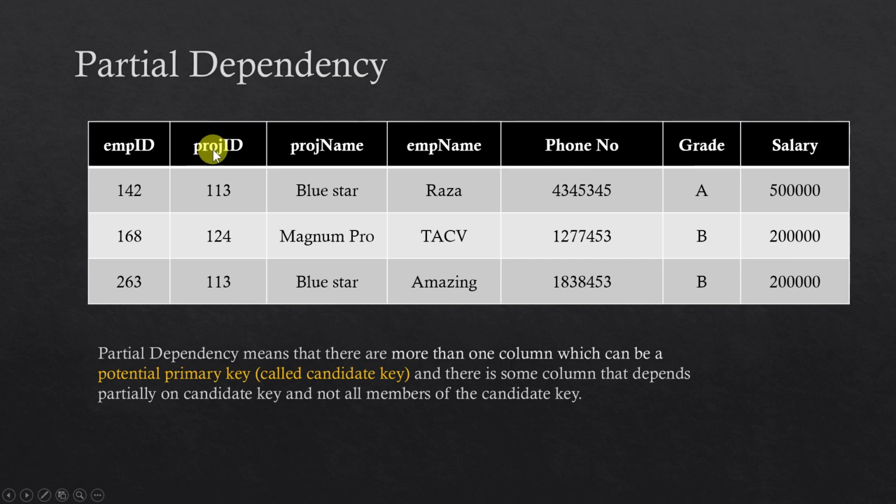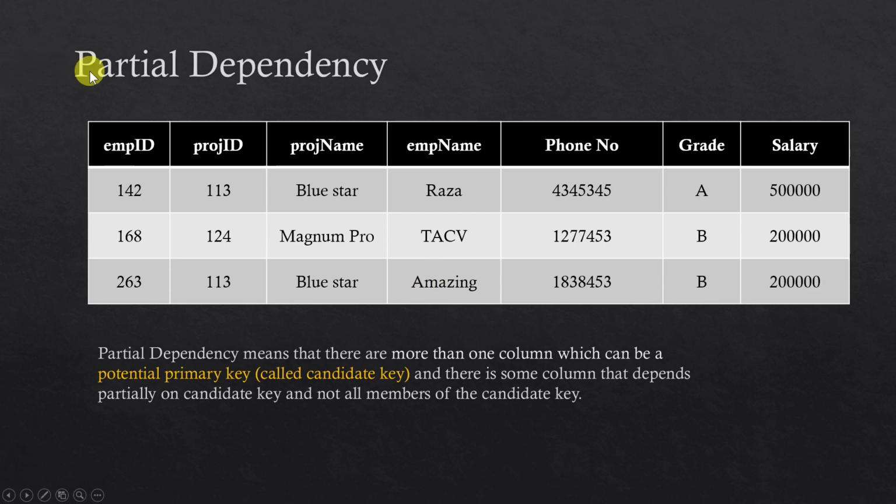So both of these are candidate keys, which means that they have the potential to become primary keys. Now there is some column that depends partially on the candidate key and not on all the members of the candidate key.